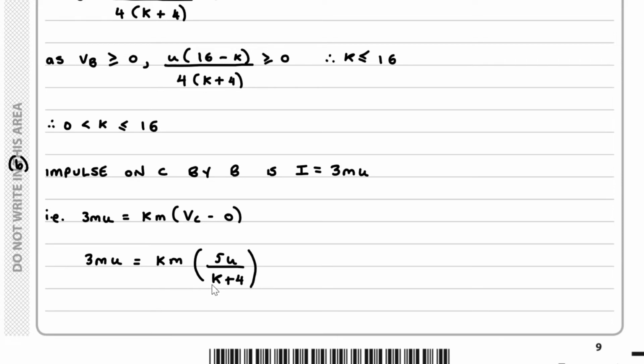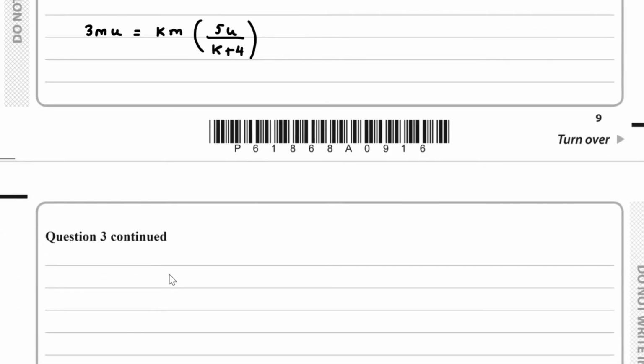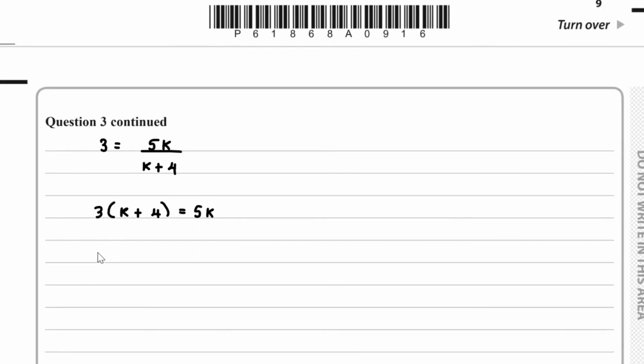The m's cancel on both sides, so do the u's. So we're left with 3 equals 5k over k plus 4. So 3 lots of k plus 4 equals 5k. Expanding, 3k plus 12 equals 5k. 2k equals 12, and therefore k is equal to 6.